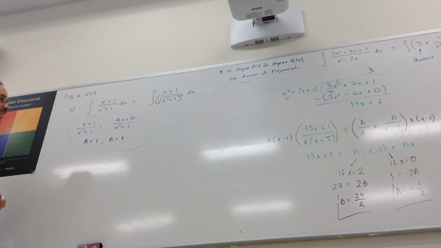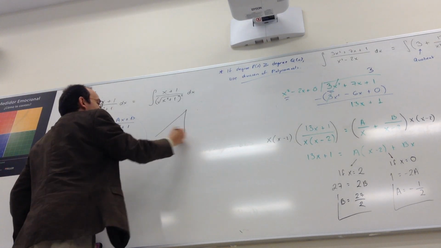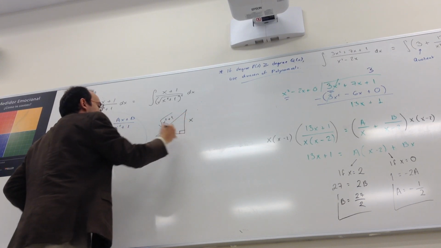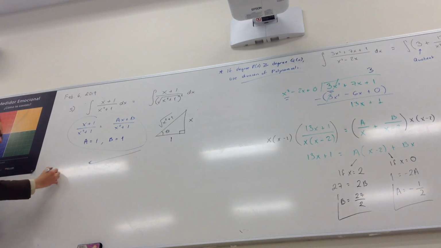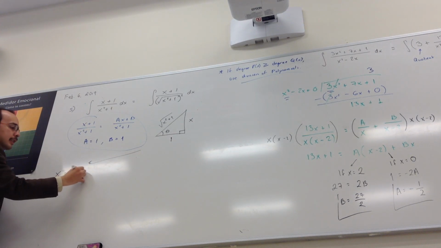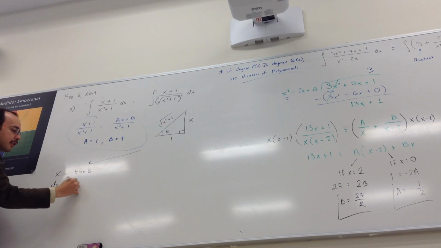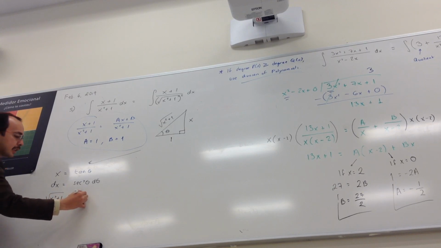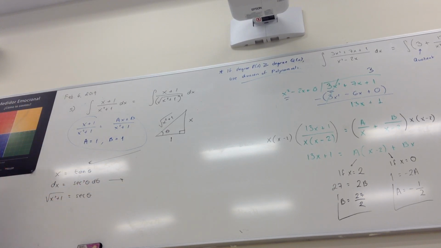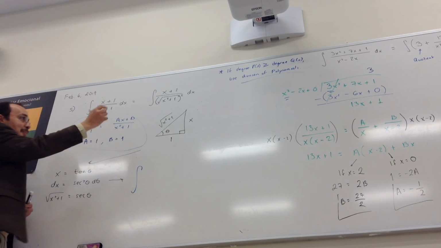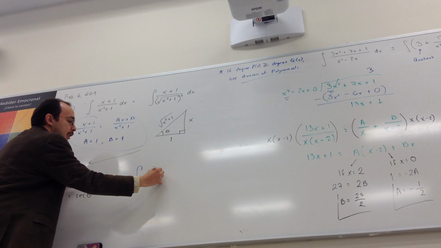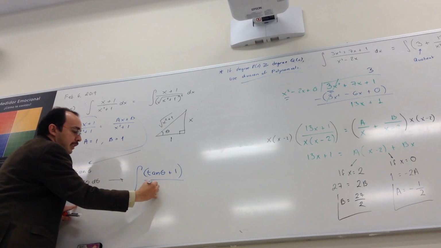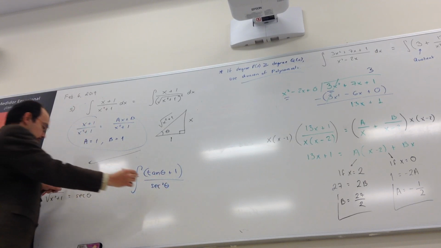Anyway, okay, let's learn in 1 minute. x is equal to tangent, dx is equal to secant squared, the square root is equal to secant, and the x plus 1 will be tangent plus 1 over the square root, which is secant, to the square is secant squared, d theta.